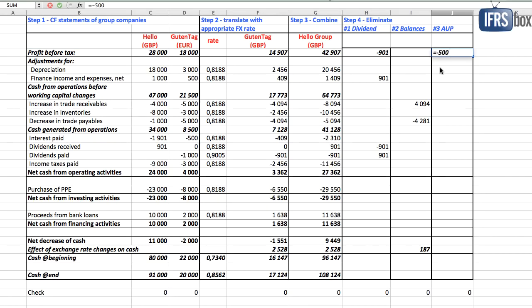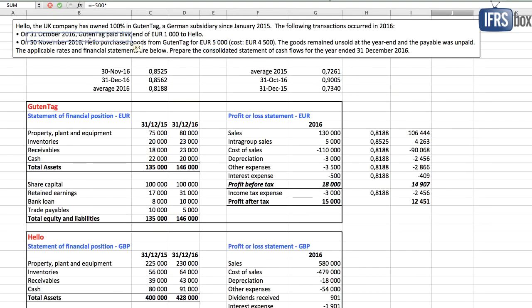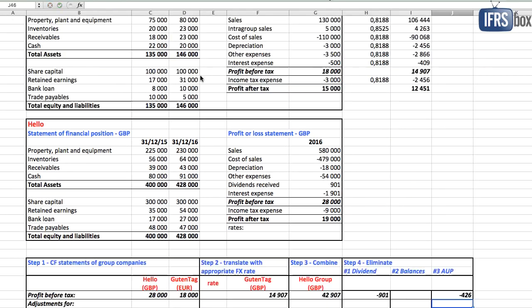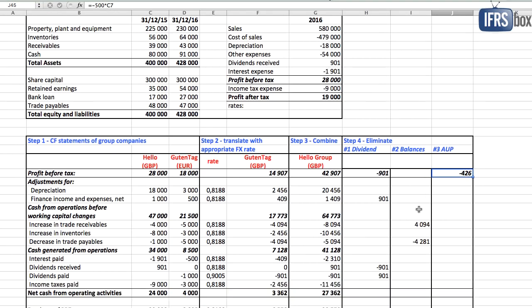What rate? In the subsidiary's profit, the intragroup sale was translated using the actual transaction date rate, so we need to use the same rate when eliminating unrealized profit. By the way, AUP means adjustment for unrealized profit. We deduct 500 euros times 0.8525, that is 426 British pounds, from the line profit before taxation.